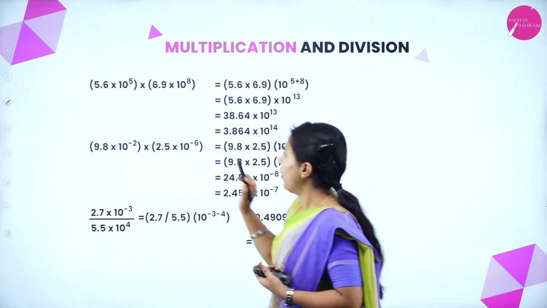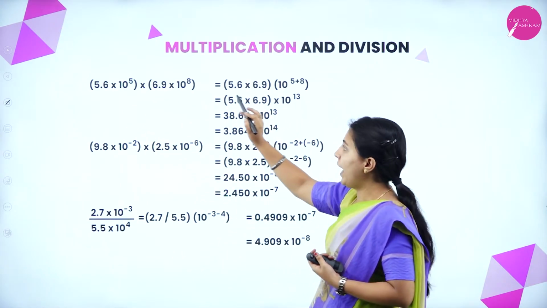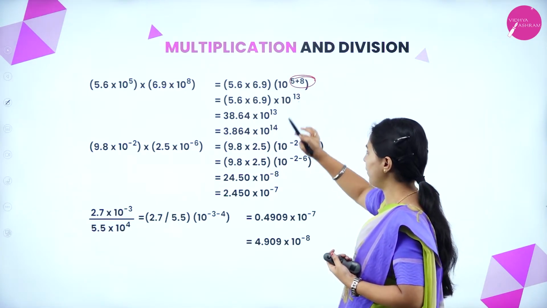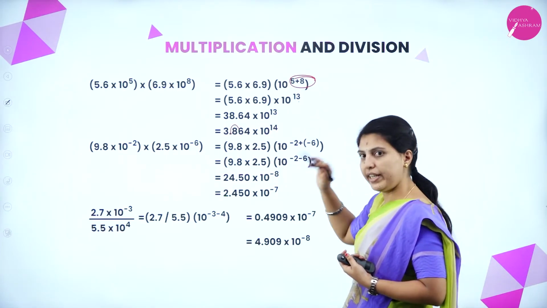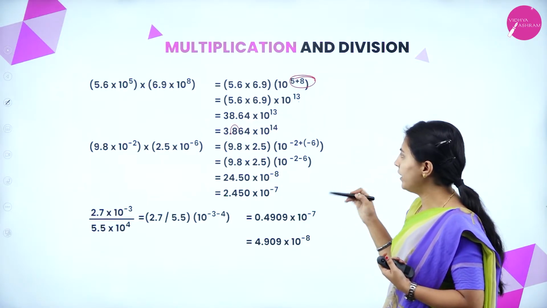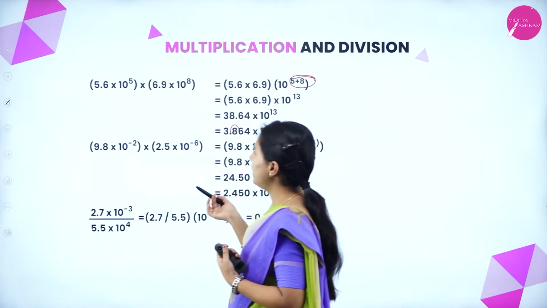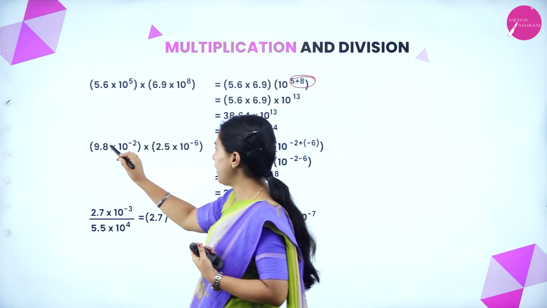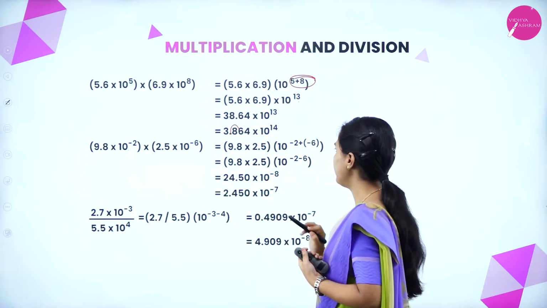What are we doing? 5.6 into 6.9, first we multiply, and 5 plus 8 we add. We will get 10 to the power 13 and so on. Here the decimal is moving to the left, so it is a positive sign and the exponent is increased by 1. See here, similarly another problem, 9.8 into 10 to the power of minus 2 into 2.5 into 10 to the power of minus 6.